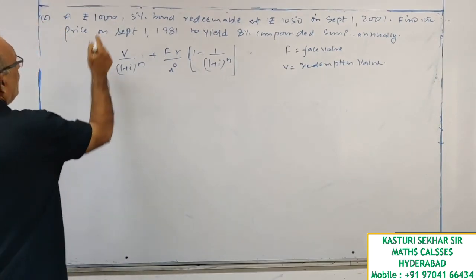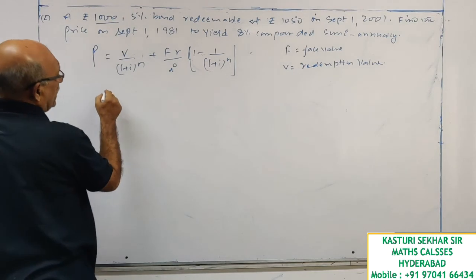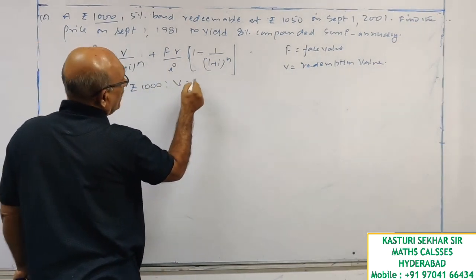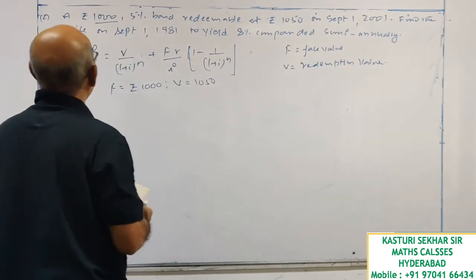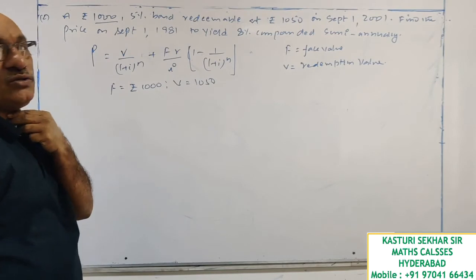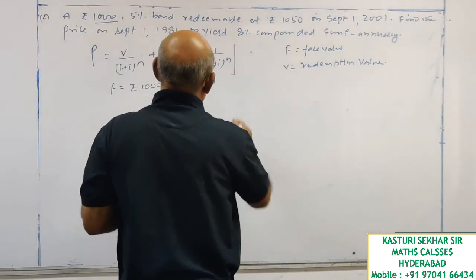Now look at this, 1000 rupees is the face value. Here F is equal to rupees 1000, V is equal to 1050. A 1000 rupees 5% bond redeemable at rupees 1050, and it is 5%.